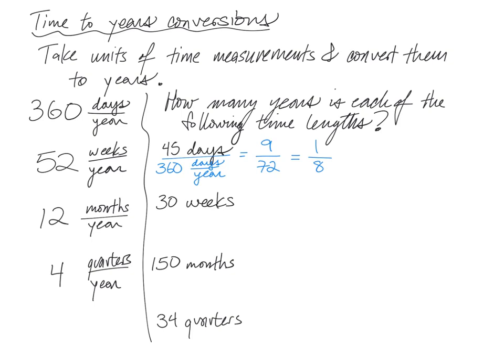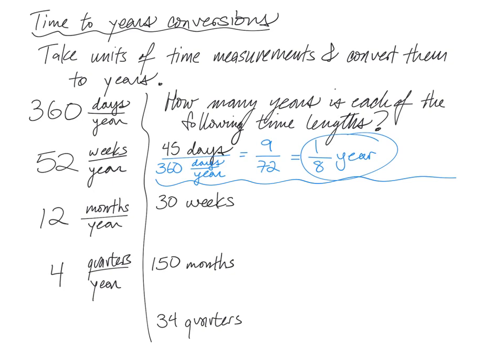So what about all this other stuff? I've got days over days per year. What this ends up being with the units is it's always going to end up being a year, because that is what we're doing. We're trying to convert some amount of something that's not a year into a number of years. And in this case, 45 days is 1/8 of a year. And we do something similar for all of these.